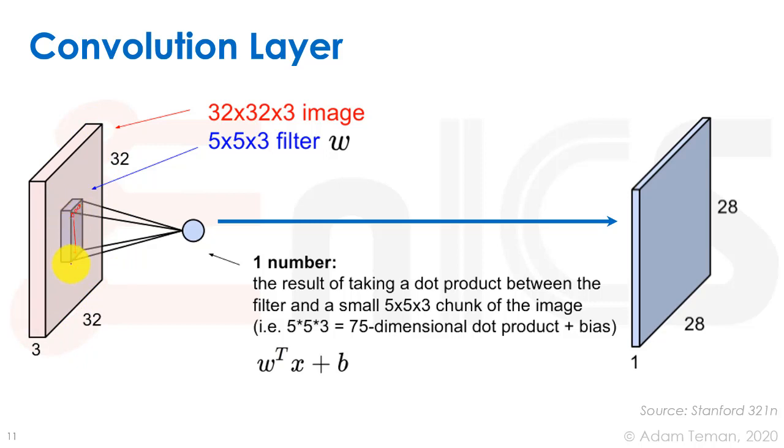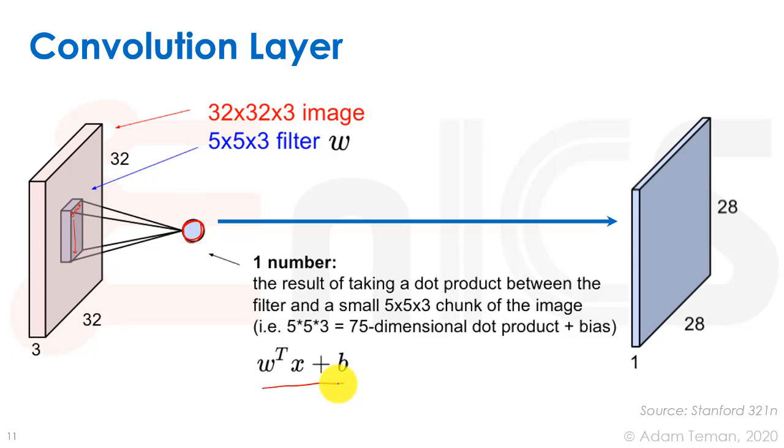Since we have 3 of them, we have a total of 75 numbers multiplying 75 numbers and accumulating them, and the result will be one single number. That is the dot product between the entire filter and the entire area that we're at right now on the input feature map. We have to add the bias as well to that, so there's going to be one bias over there.